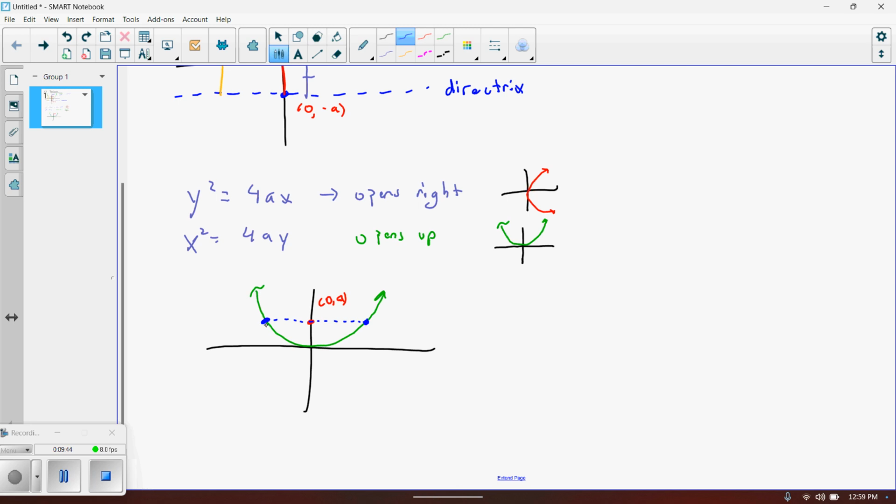So the one thing that you know about that is that no matter what, your y value is a. It's the x value that you would have to determine. And whatever the x value is, it's going to be the opposite on the left that it is from the right. So they're going to be exactly the same x values, but opposite signs.